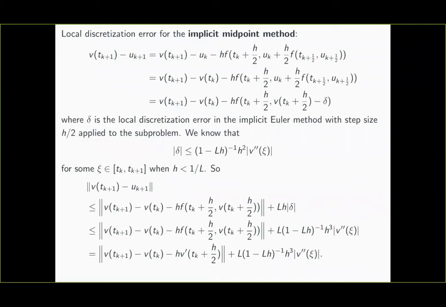Okay, now the term in the norm can be simplified. Then we see that we've got the difference of v(t_{k+1}) minus v(t_k) minus h times v' at time t_k plus h over 2. And the term in the norm is again the difference of the integral of v' over the time interval minus the approximation of that integral by the midpoint rule.